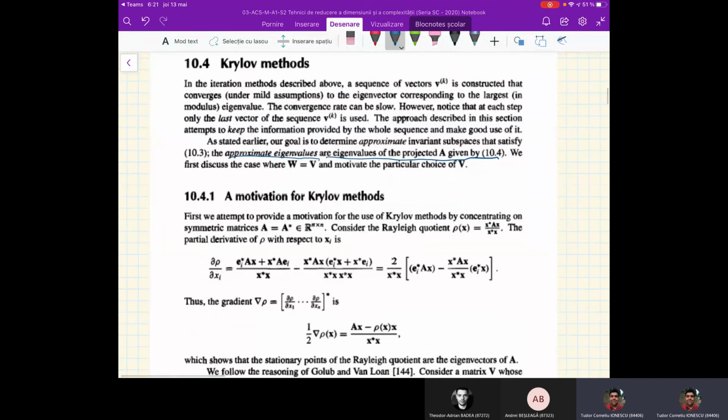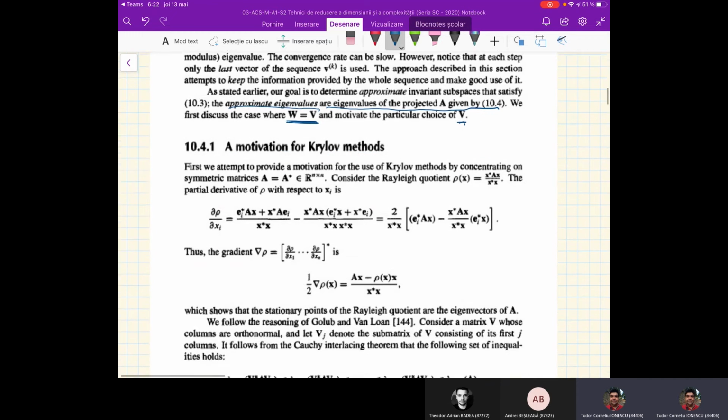So our goal is to determine approximate invariant subspaces that satisfy a specific property, and the approximate eigenvalues are the eigenvalues of the projected A. They discuss the case here, W equal to V, but we'll see that in rational approximation we use different ones. We also use the case W is not V.